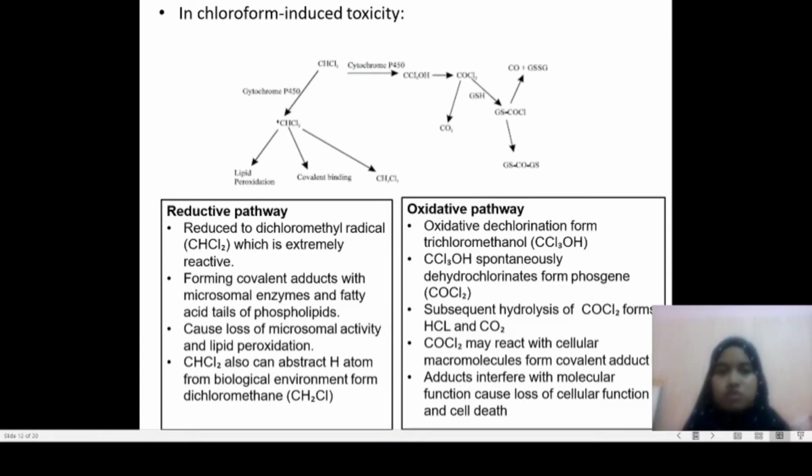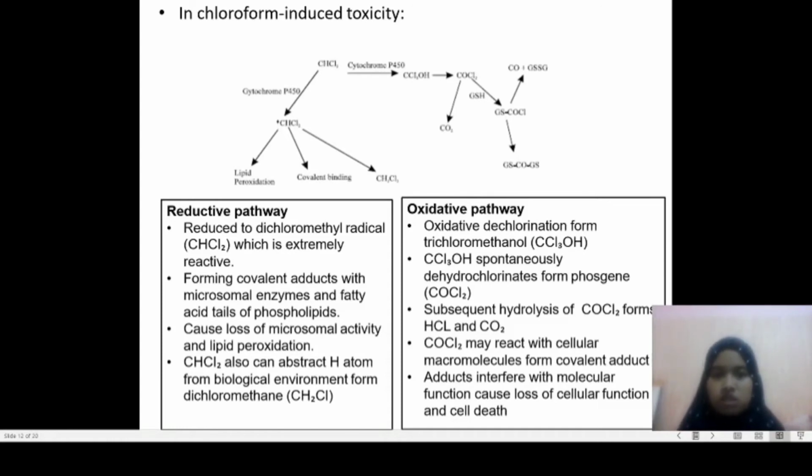For the reductive pathway, the chloroform will be reduced to dichloromethyl radical, which is CHCl2, and it is extremely reactive. Then the CHCl2 will form covalent adducts with microsomal enzyme and fatty acid tails of phospholipids.